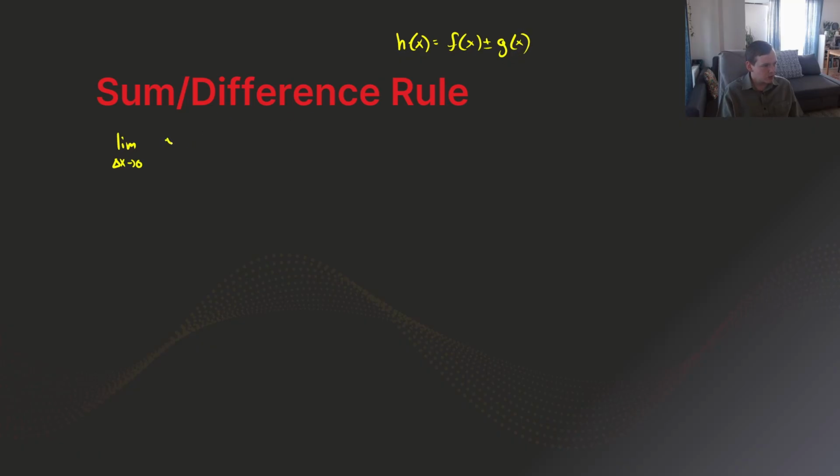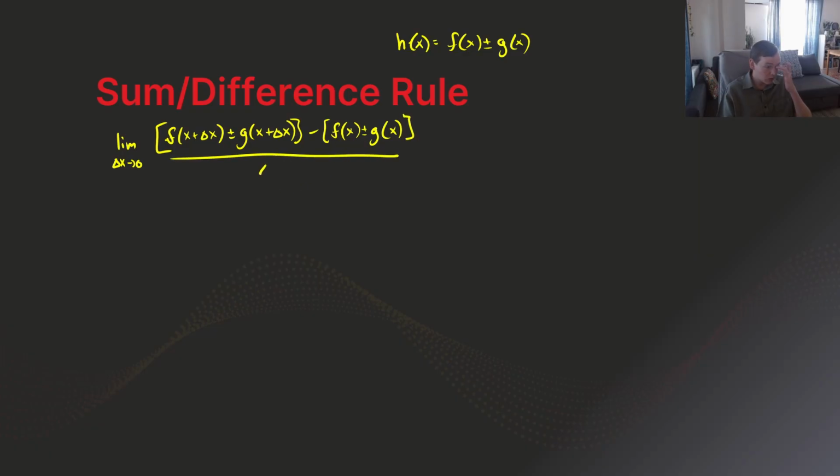So this is going to be f of x plus delta x plus or minus g of x plus delta x. So that's from that first bit. Then I'm going to subtract f of x plus or minus g of x, all over delta x.